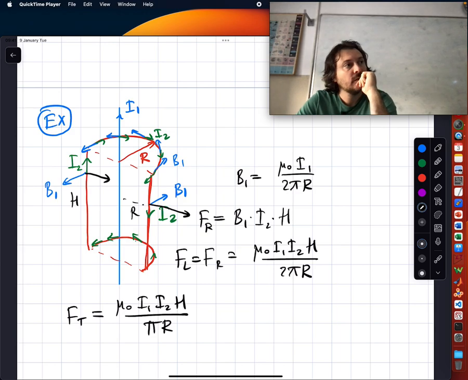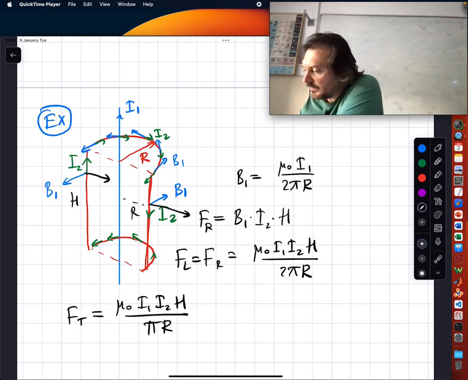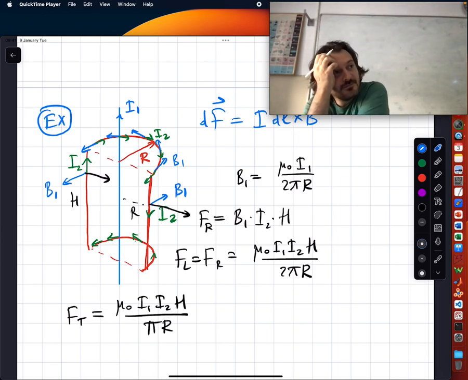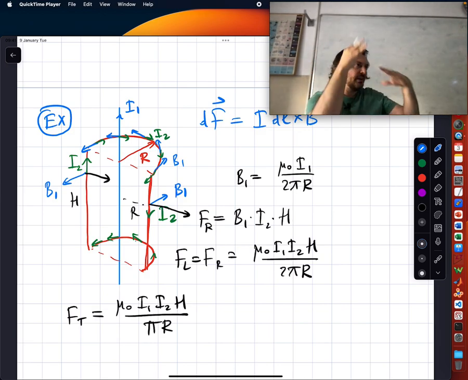Why did we take the cross product of B and dl? Why we shouldn't? Because the law is like that. F is I dl cross B. Well, I thought Ampere's law... Something mixed up.